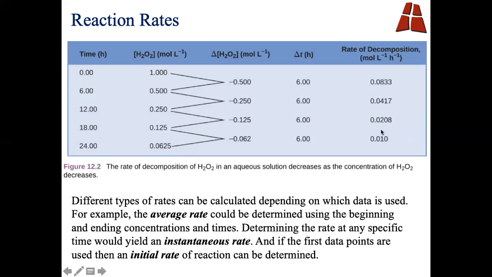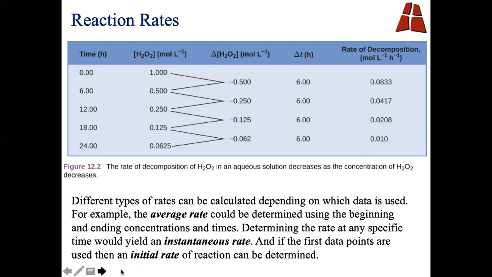And so we have different ways we can calculate or represent a rate. The 3 main ones that we'll talk about start with the average rate. If we averaged all these out, we could get an average rate of the reaction. However, that might not be suitable depending on what we're studying.